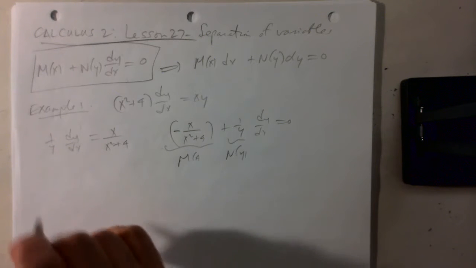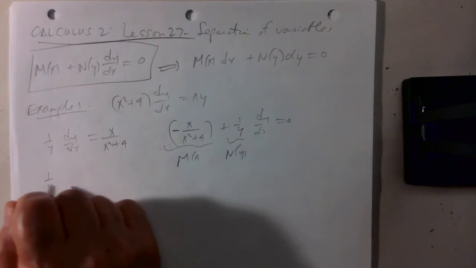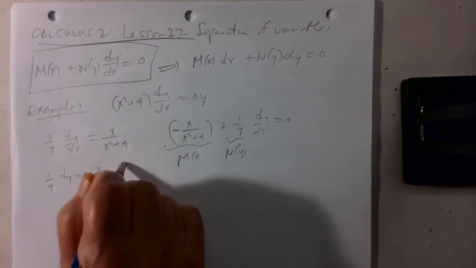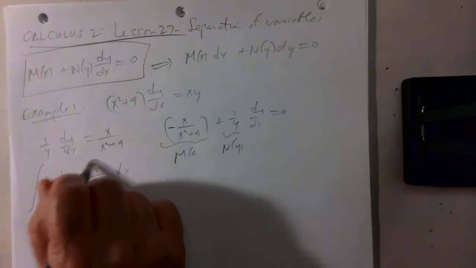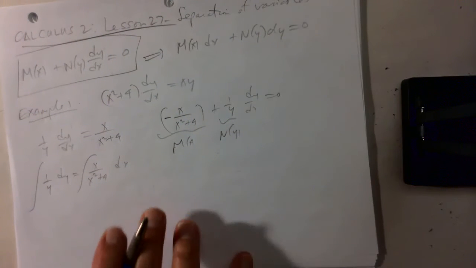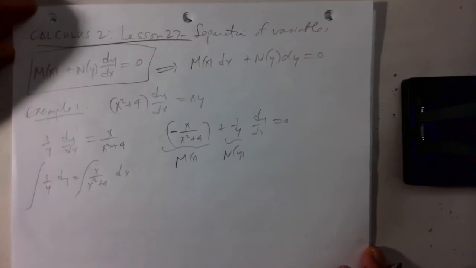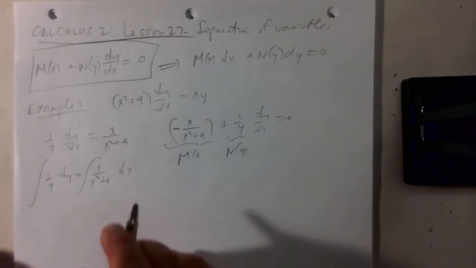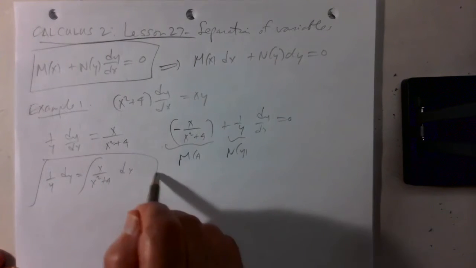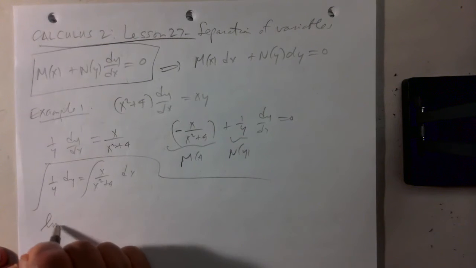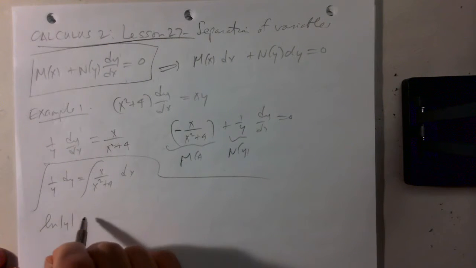And then we integrate. If you like, I can write 1 over y dy is x over x squared plus 4 dx and integrate. And what we get is what? The integral of 1 over y is log absolute value of y.